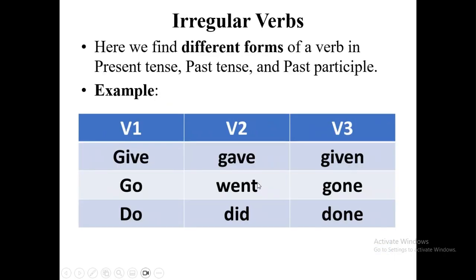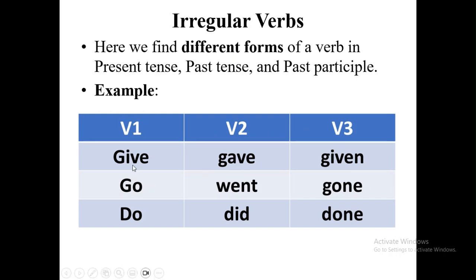The next one is irregular verbs. Here we find different forms. Irregular means not regular. We find different forms in V1, V2, V3, that is present form, past form, and past participle form, different shapes.